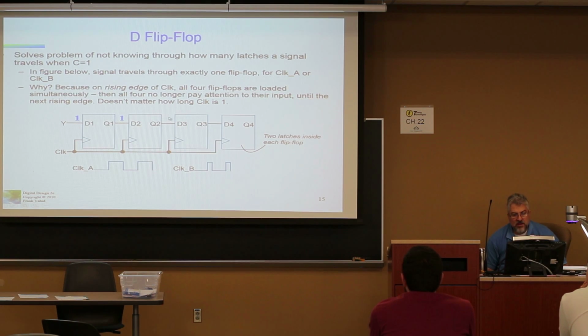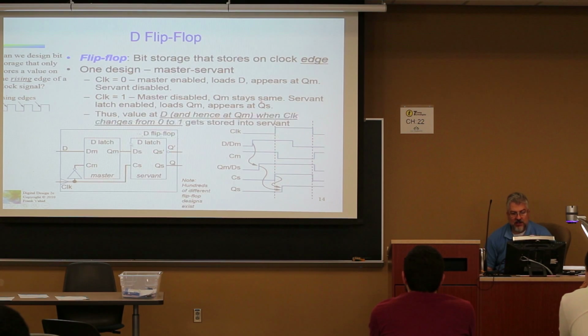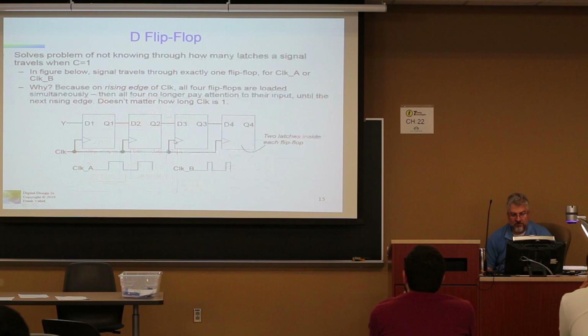And then it will be latched into here on the next rising edge. So on the rising edge of clock, all of these four flip-flops that are strung one right after the other are loaded simultaneously. And that's one of the advantages of what we have designed by having two individual D latches inside of our D flip-flop.